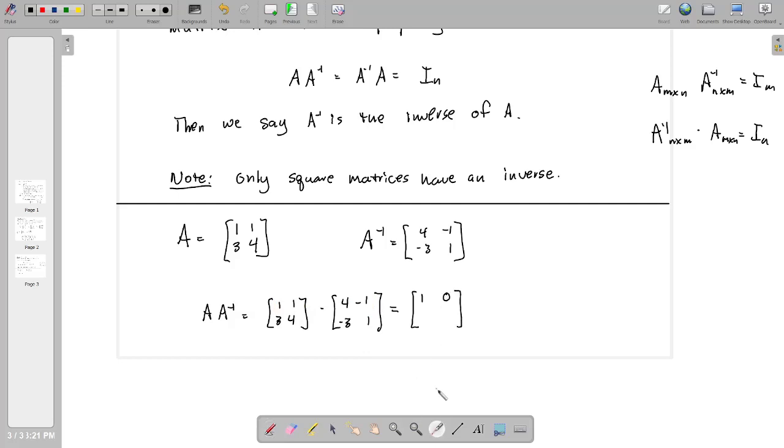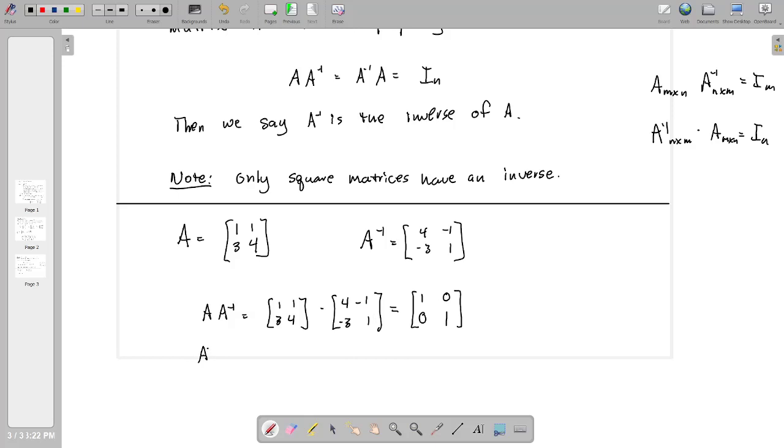Now we're doing the second row, first column entry. 3 times 4 is 12, 4 times negative 3 is negative 12, and when we add those two, we get 0. Then the second row, second column entry. 3 times negative 1 is negative 3, 4 times 1 is 4, so negative 3 plus 4 is 1. So we have our identity.